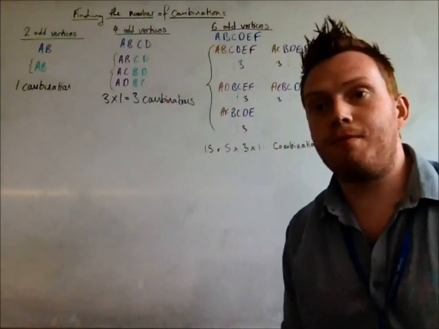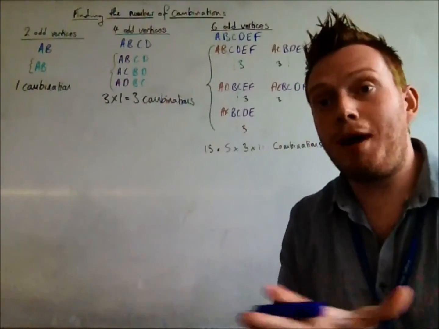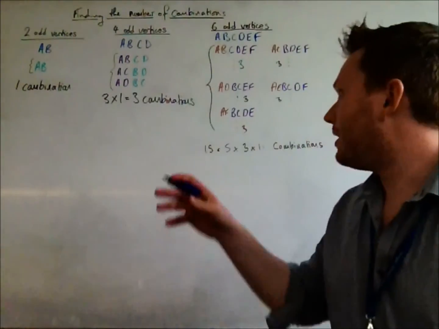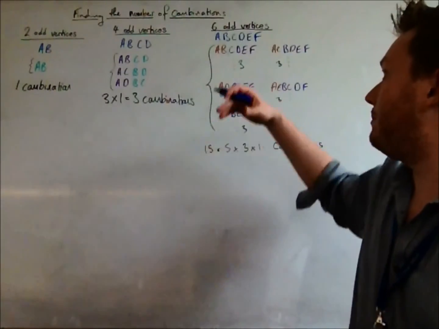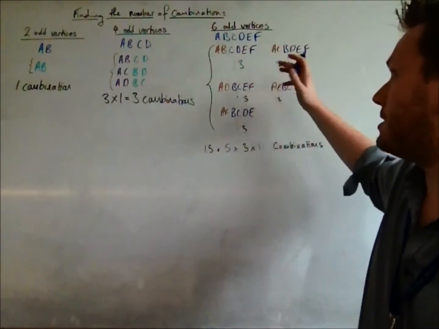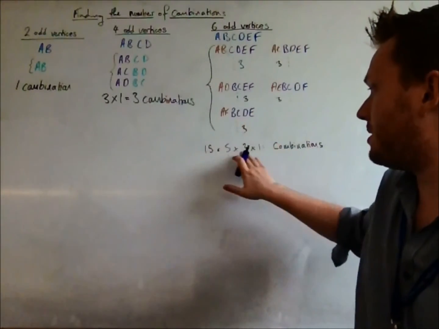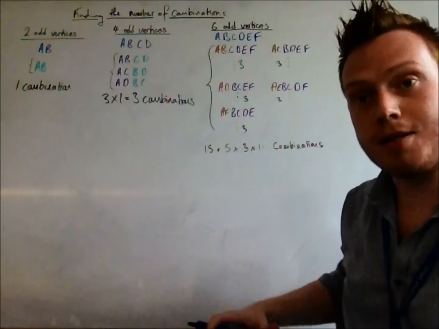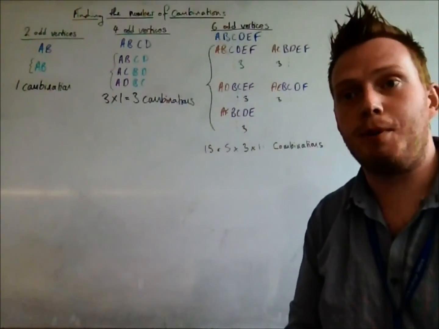Now if there were 8 odd vertices, there would be 7 ways of pairing up A, leaving me with 6 odd vertices to pair up. I already know how to pair up 6 odd vertices. It's 5 times 3 times 1. So it would be 7 lots of that: 7 times 5 times 3 times 1.